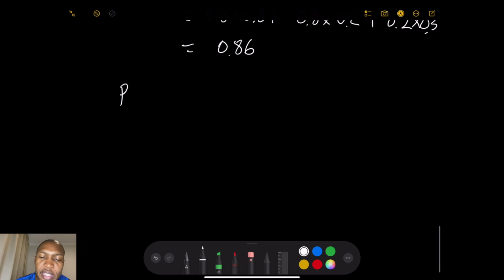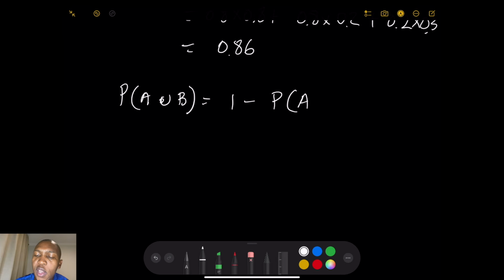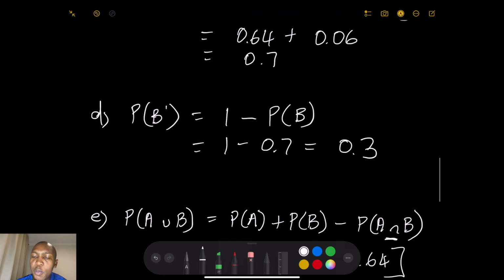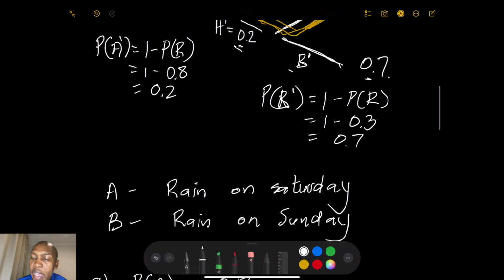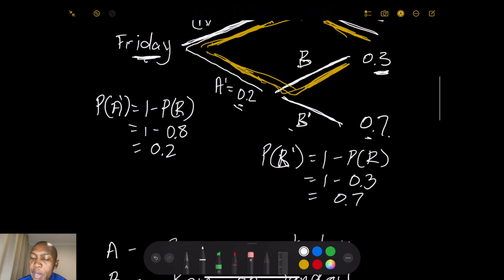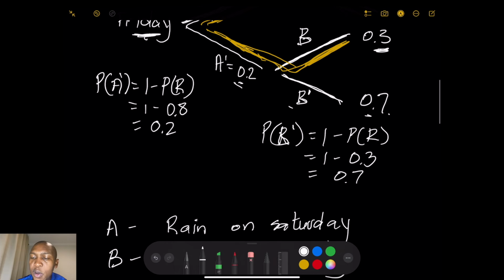So you can say, well, in this case, the probability of A or B can also be 1 minus the probability of not A and not B. So this would be 1 minus, in this case, the probability that it does not rain on both days.